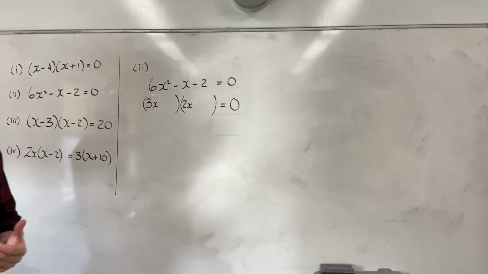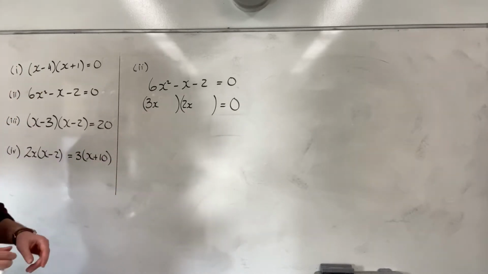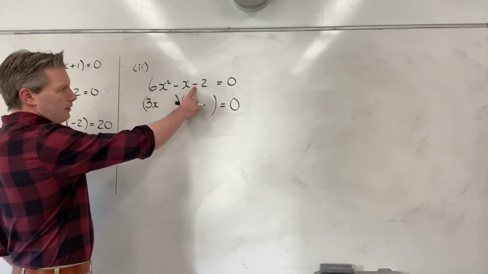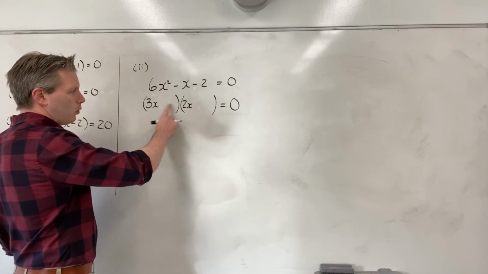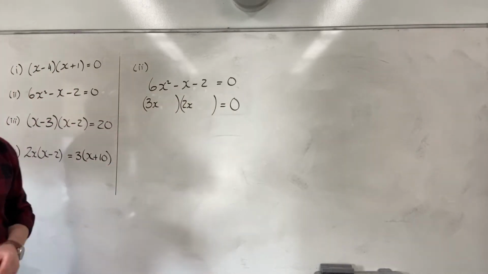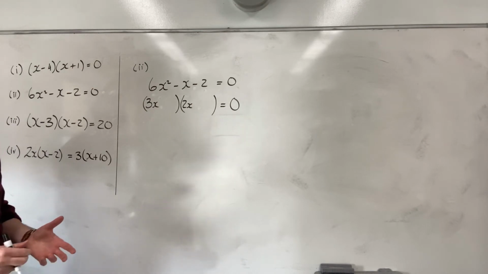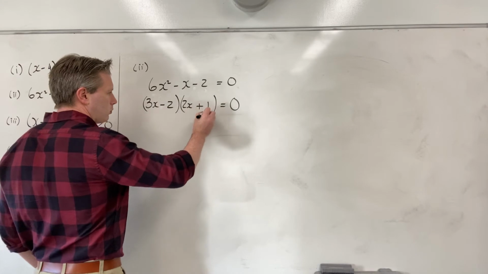I'm not sure, I have to do a little trial and error. But I'm going to try 3x and 2x. I have a negative sign here, which means that the signs will be plus minus or minus plus. I have a 2, so I need the factors of 2. Those are going to be 2 and 1. So what I think I will try is minus 2 and plus 1.